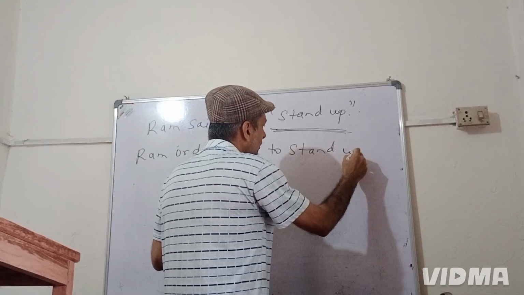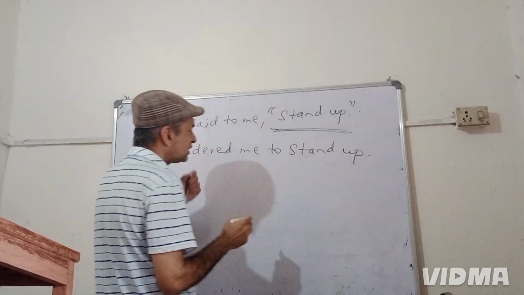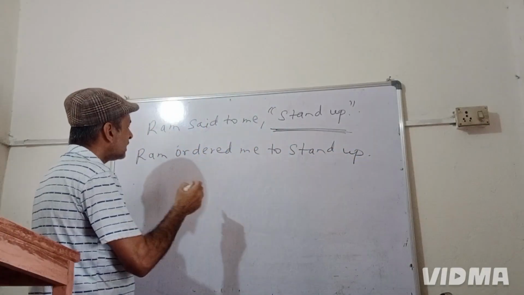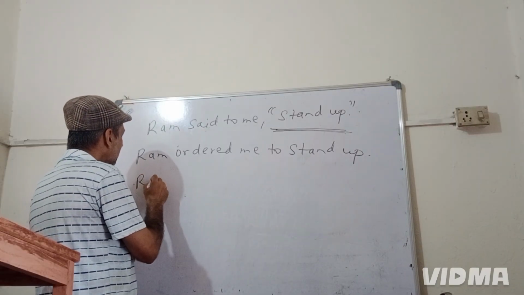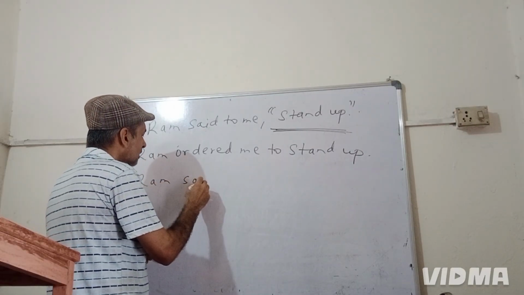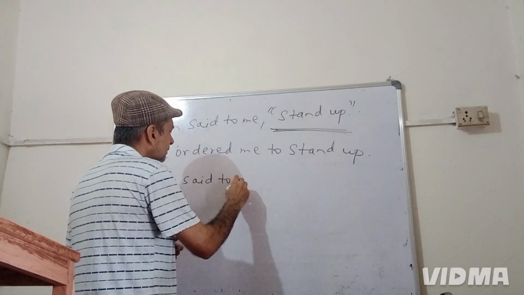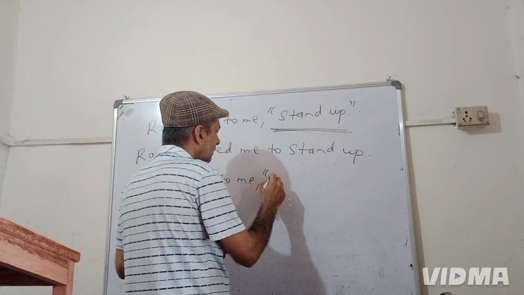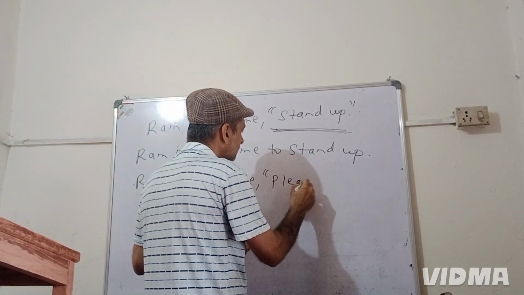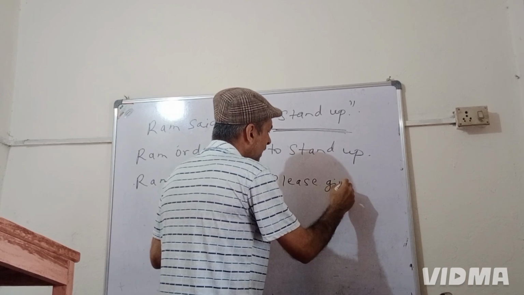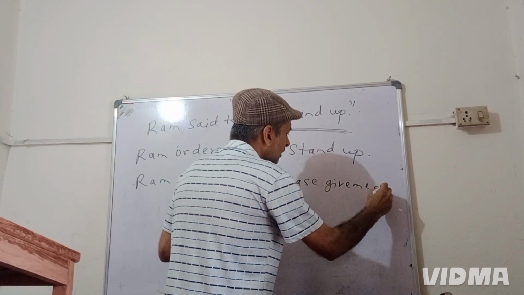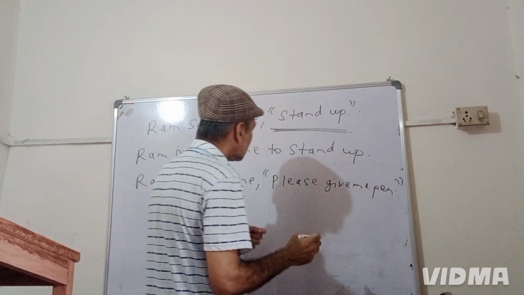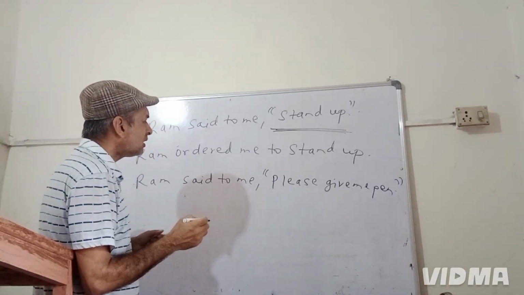If it is a request, then we have to use requested. Like Ram requested me to give him pen. So in this way we have to use ordered or requested.